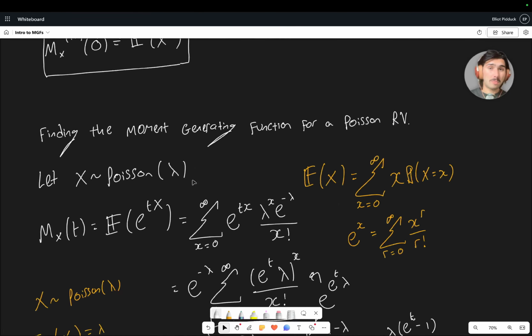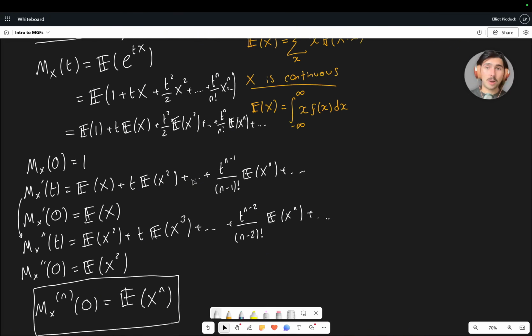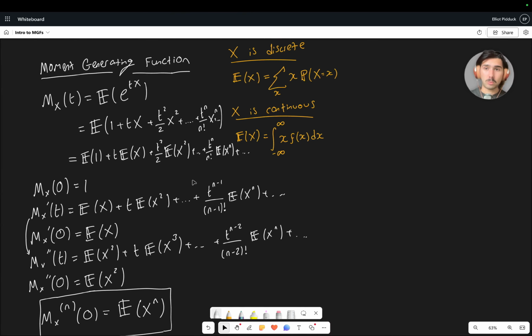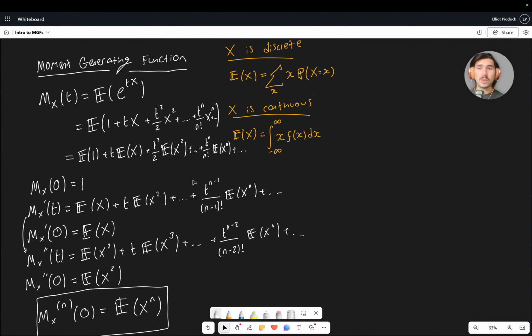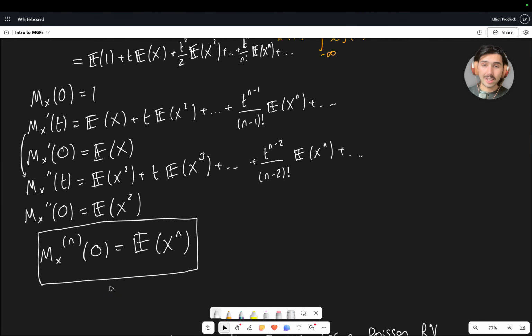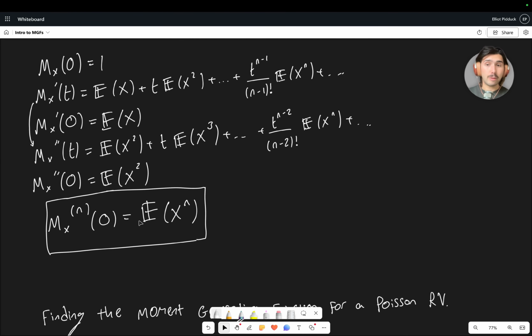So that was just one big example, guys, but the real takeaway of what we did today and what the idea of a moment generating function is, we've made up this notion of a function that's related to a random variable, the expected value of e to the power of tx, such that it has this kind of relationship between the moments and the function itself.